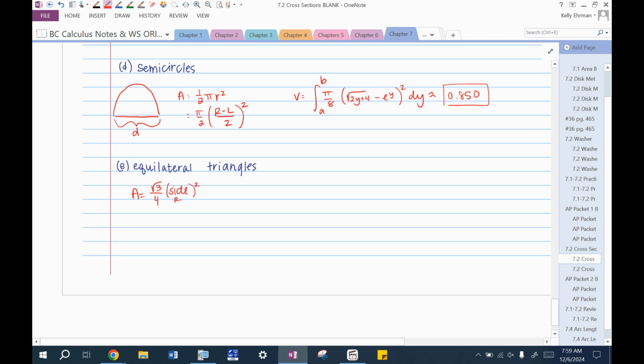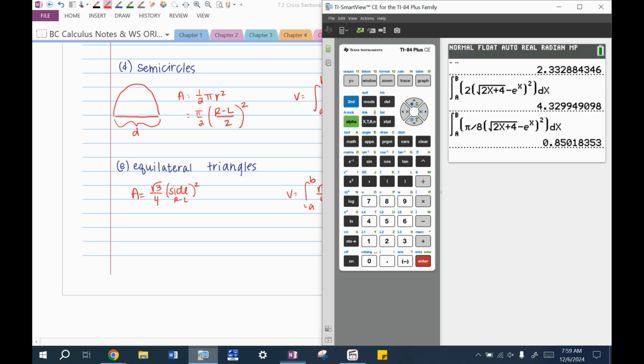Side is your right minus left. So this volume should be the integral from a to b of radical 3 over 4 times the quantity square root of 2y plus 4 minus e to the y, squared, dy.